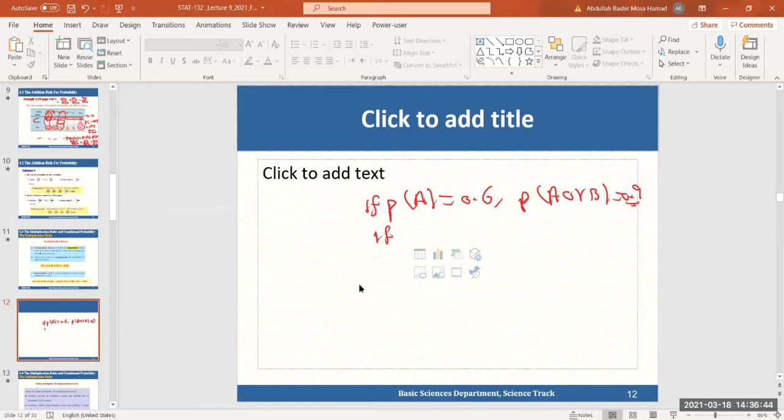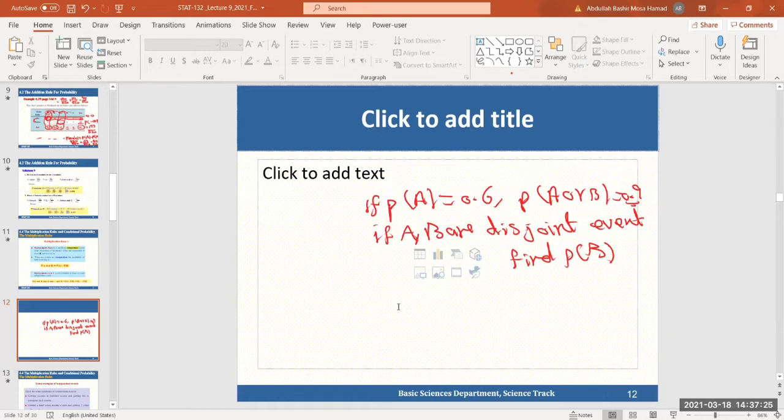If A and B are disjoint events, find P of B. How to find P of B? Actually, they give us three pieces of information: P of A given, P of A or B given, and also we come to know A and B are disjoint events.